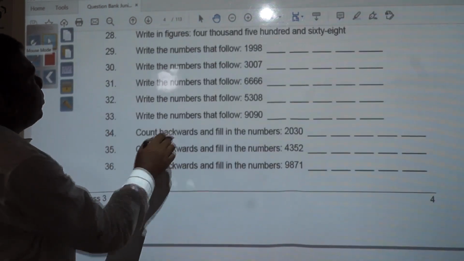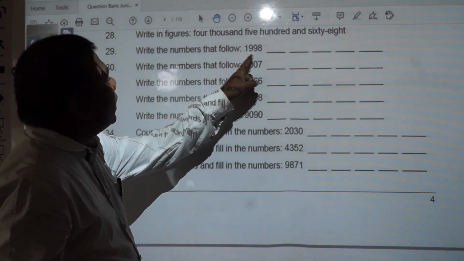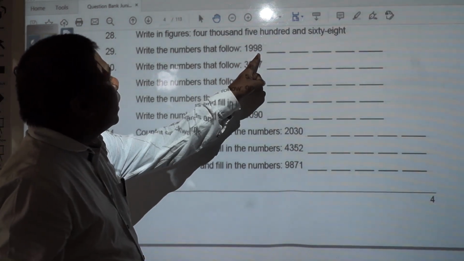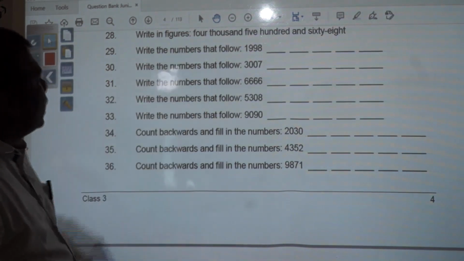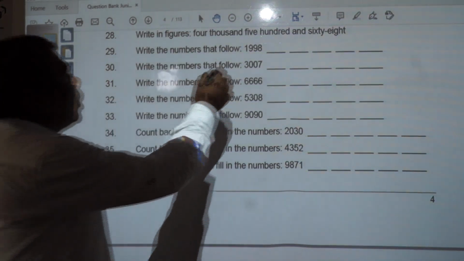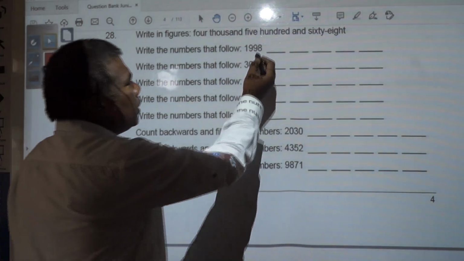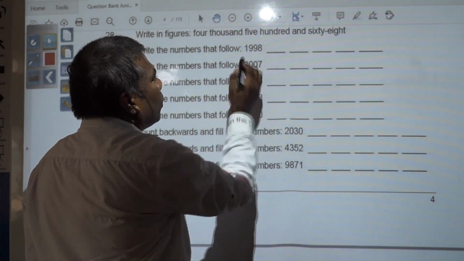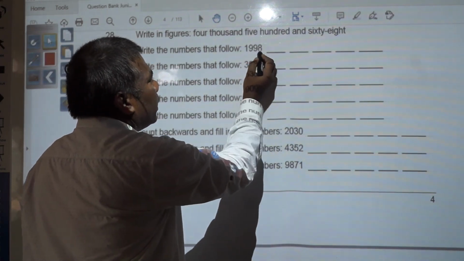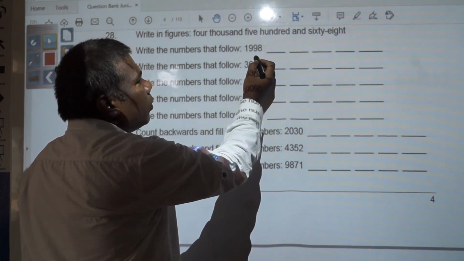Then you have to write the numbers that follow. 1998, and similar questions are there. So how will we write? After 1998, which number comes? 1 is required to be added.